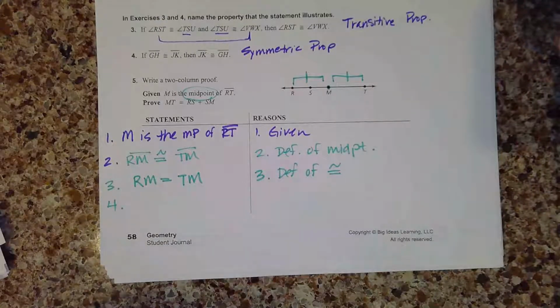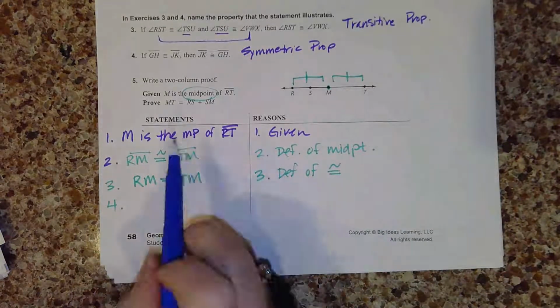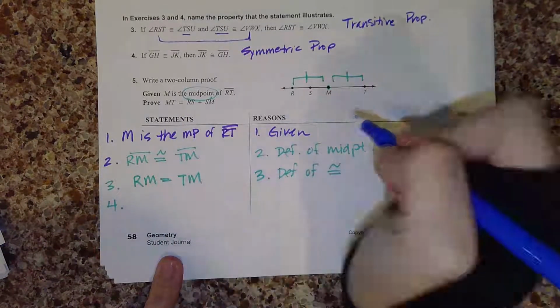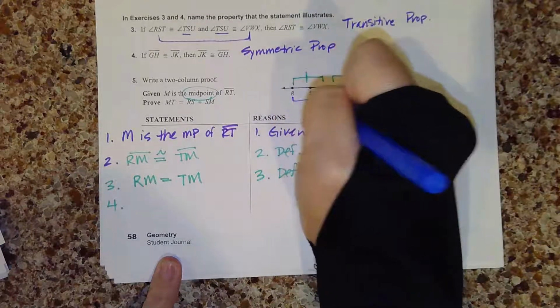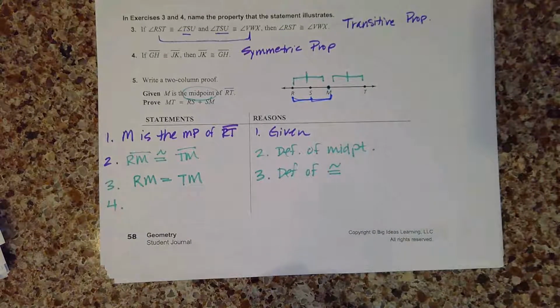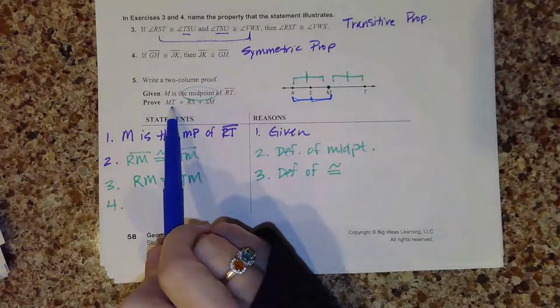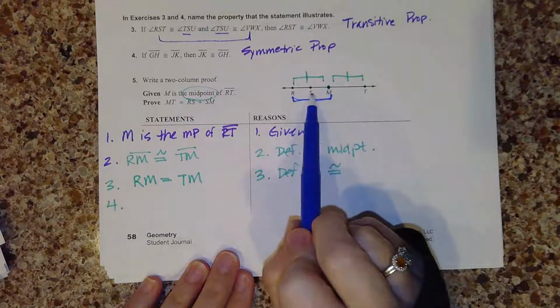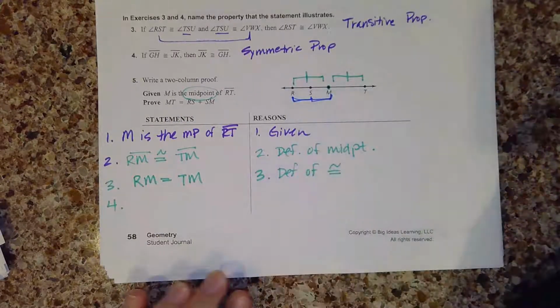So what we're going to get at is, since I want to do something with RS and SM, RS and SM are right here, okay? What do I know if I put those two things together? Well, I have to show that it equals MT, but right now if I put RS and SM together, it should equal RM.